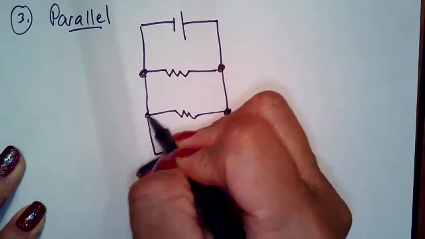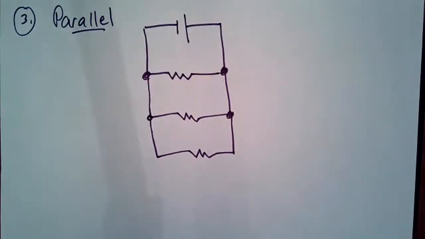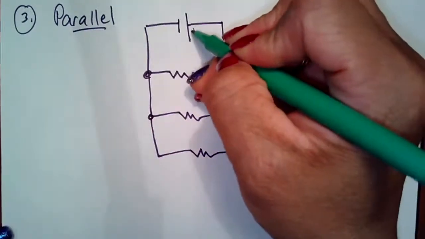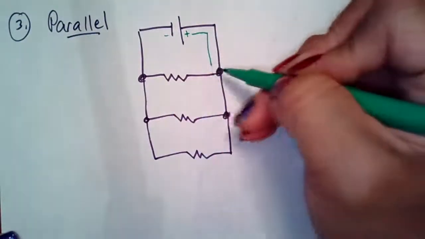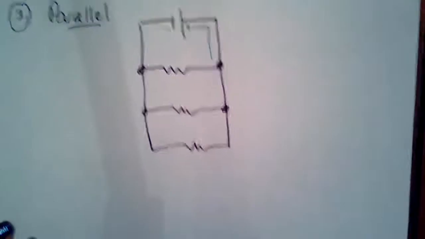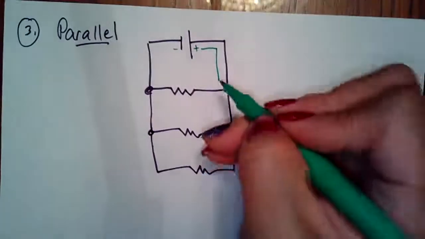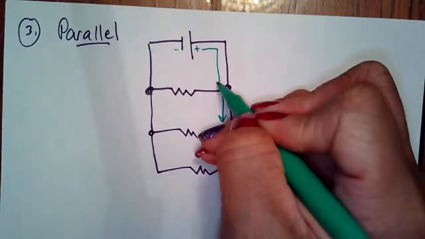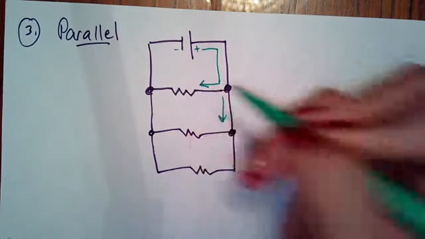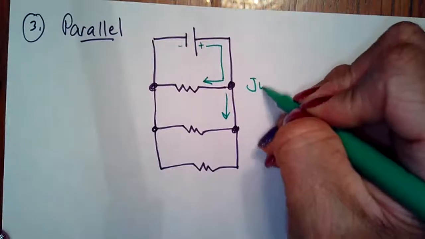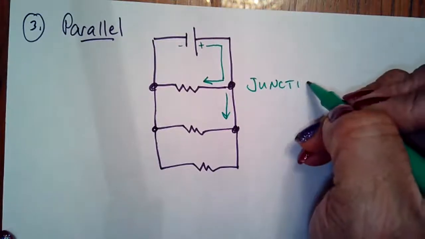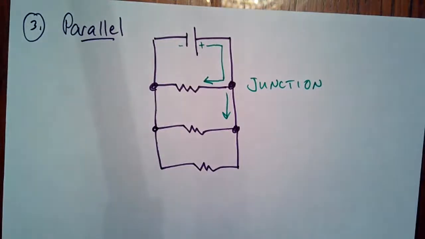As you can see, because you have these junctions, the current that is coming out of the positive terminal here, when it encounters this junction, has a choice. It can either go straight this way or turn this way. So you have junctions. We can apply Kirchhoff's junction rule.